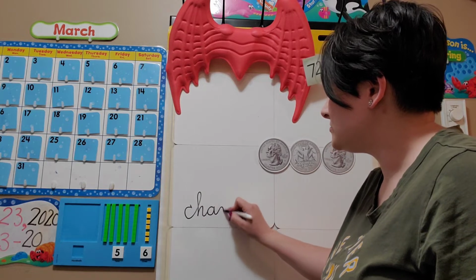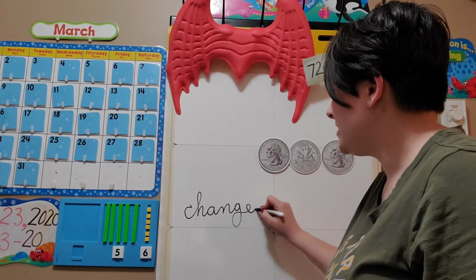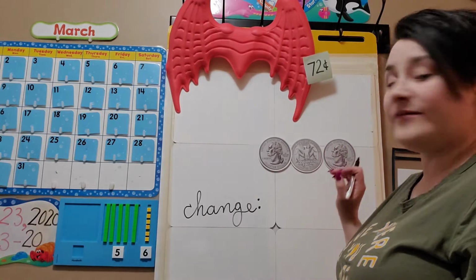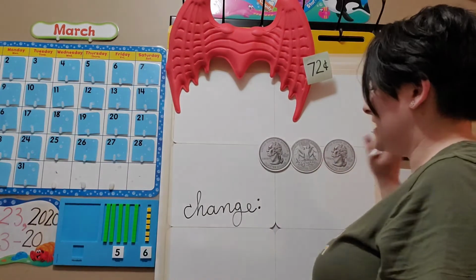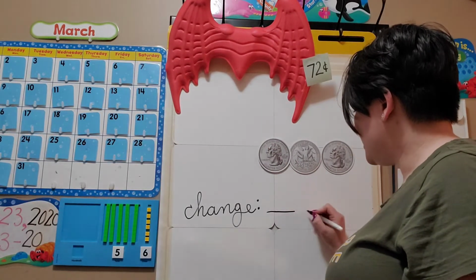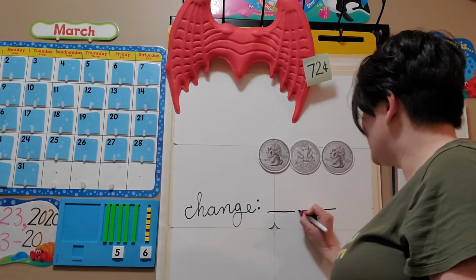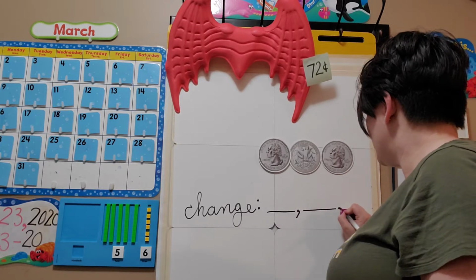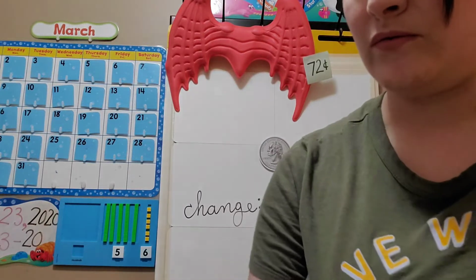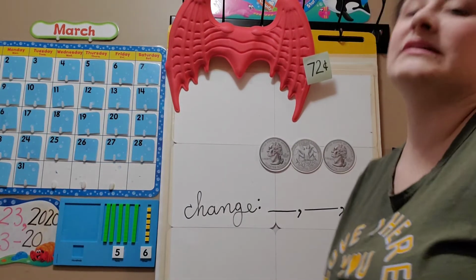So if I pay with 75 cents, I need to figure out how much change I would get. So I go up to the register with my wings, and the cashier says that'll be 72 cents, ma'am. And I say, here's 75 cents. They're going to give me 3 coins back.